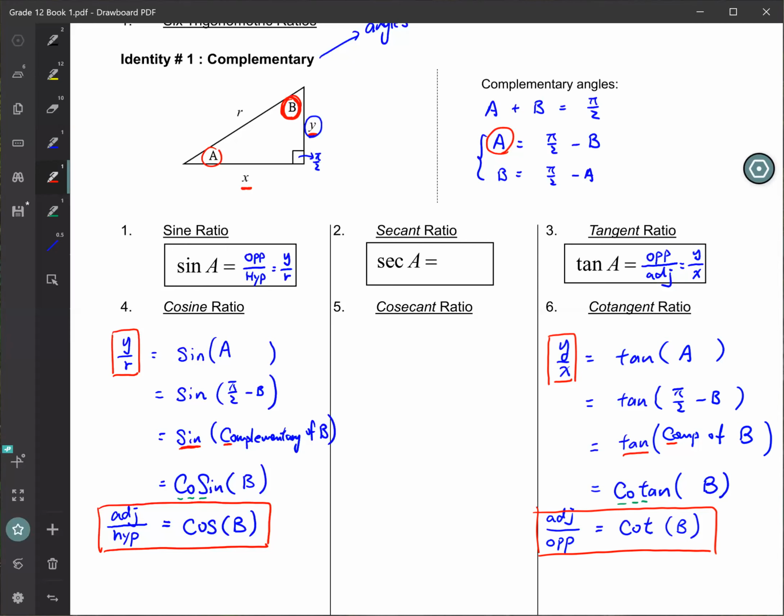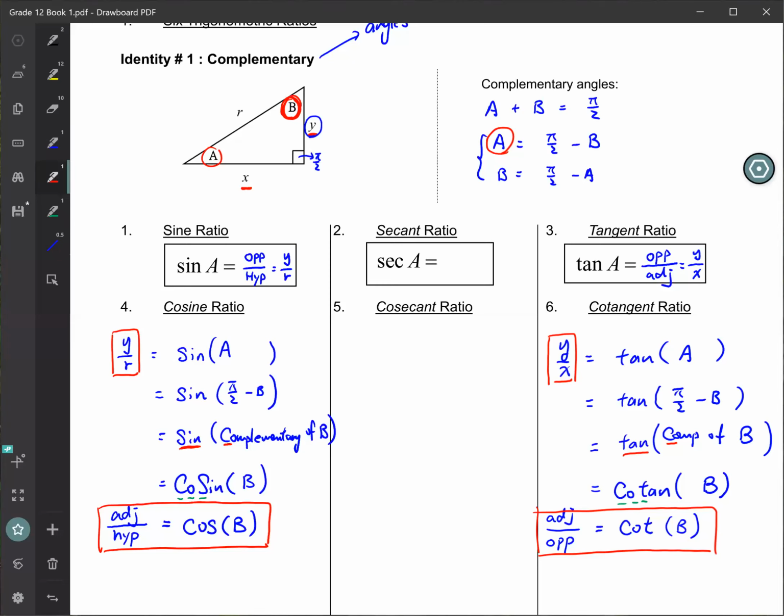Tangent is opposite over adjacent, cotangent is adjacent over opposite, right? You flip around. Okay, so far we have y over r, we also have y over x. Okay, what else is missing?